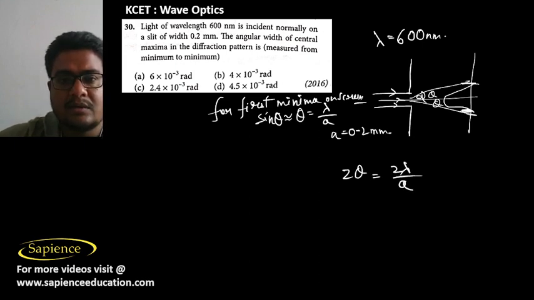So this angular width of the central maxima we have to find, which is measured from the first minimum to the first minimum on either side.